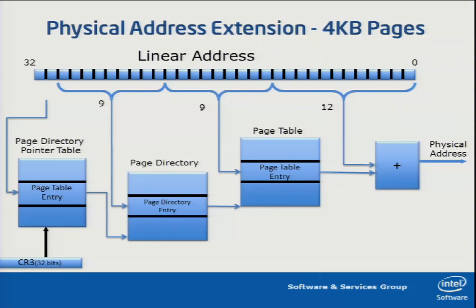There's a page directory pointer table and a page directory. The page directory pointer table is only the first 2 bits, which points to a page directory table that points to a page table that has all the page information. And the page table entry, along with the last 12 bits of your address, will give you the physical address of your memory.